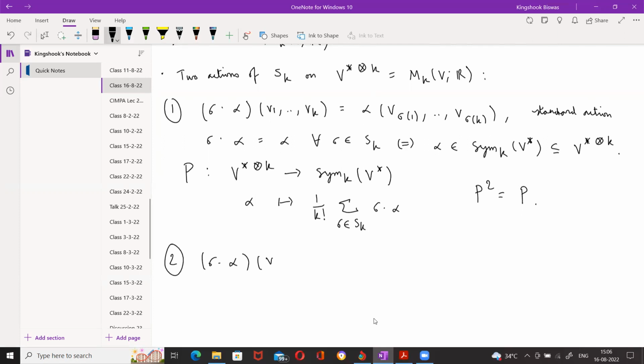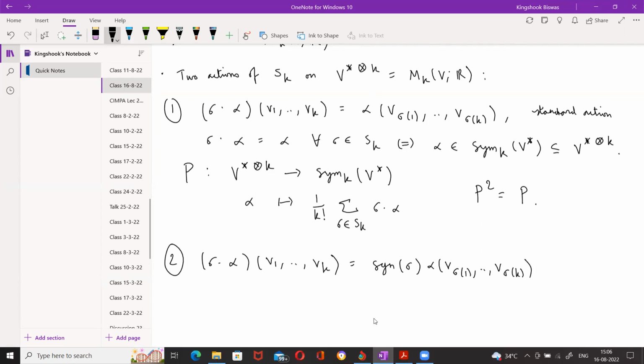In this case, the action is sigma dot alpha acting on v1 to vk is sign sigma times alpha of v sigma 1 to v sigma k.